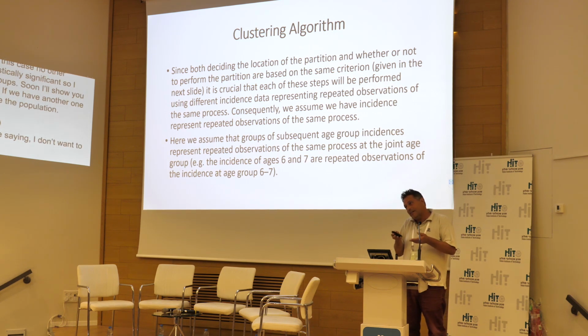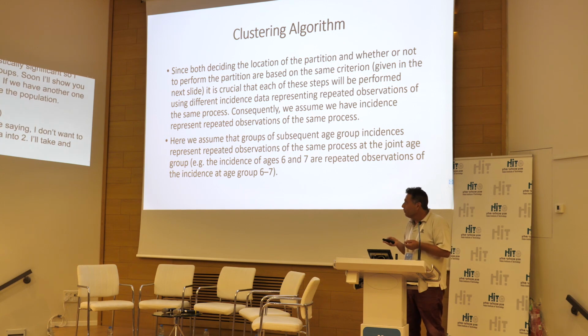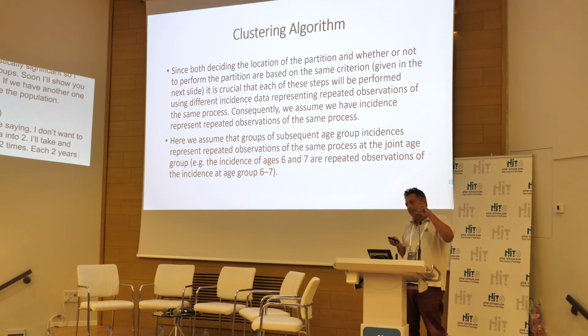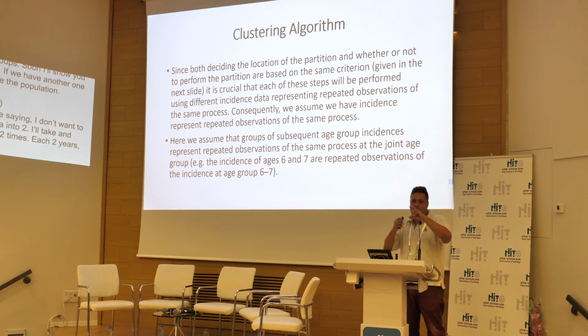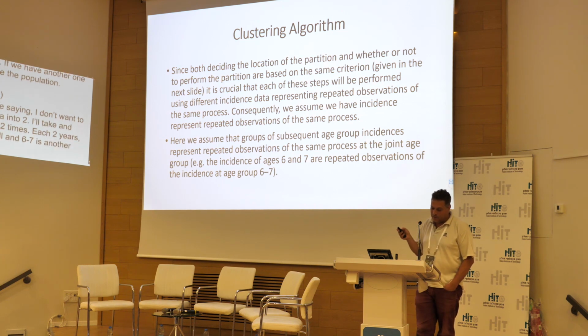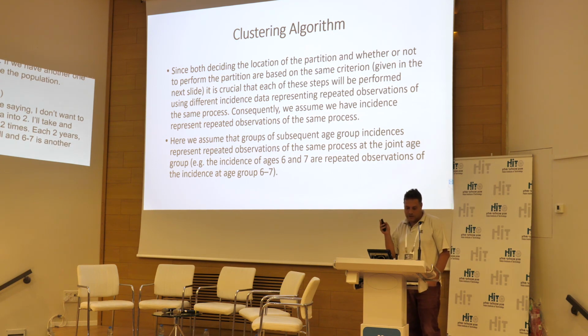So what I can do is take my time series and randomly divide it into two different time series, or what we did in this case, we looked at every 2 years, let's say kids 5 to 7, so 5 to 6 is one group, and 6 to 7 is another group. And that's a way that you could do this two-step process, okay?